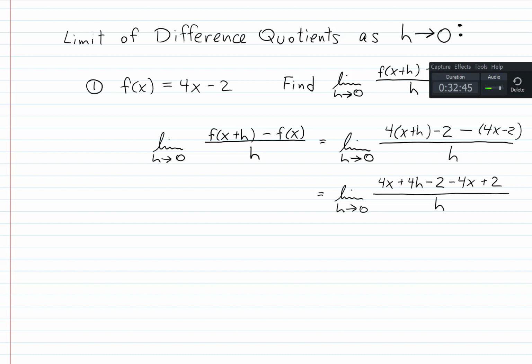Now look at all the canceling that's going to happen. 4x and the minus 4x cancel. The minus 2 and the plus 2 cancel. The only thing I'm left with is the limit of 4h over h.